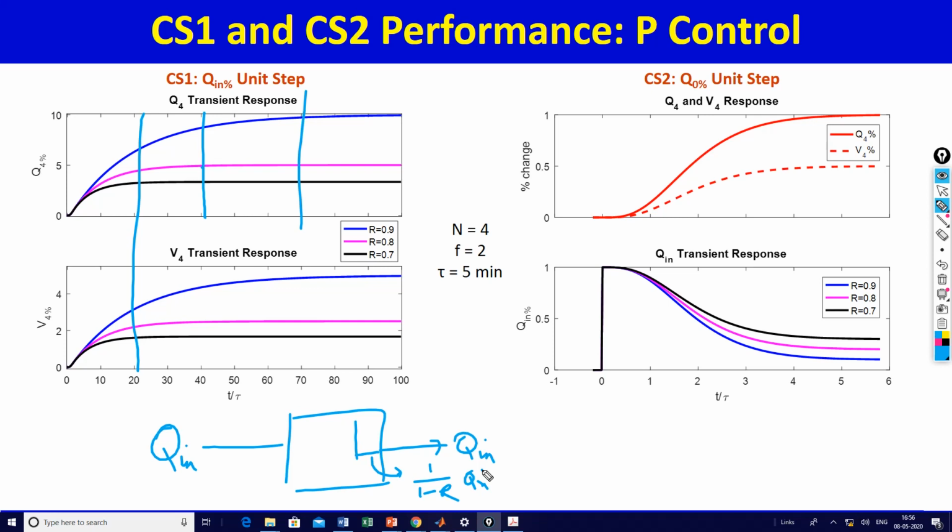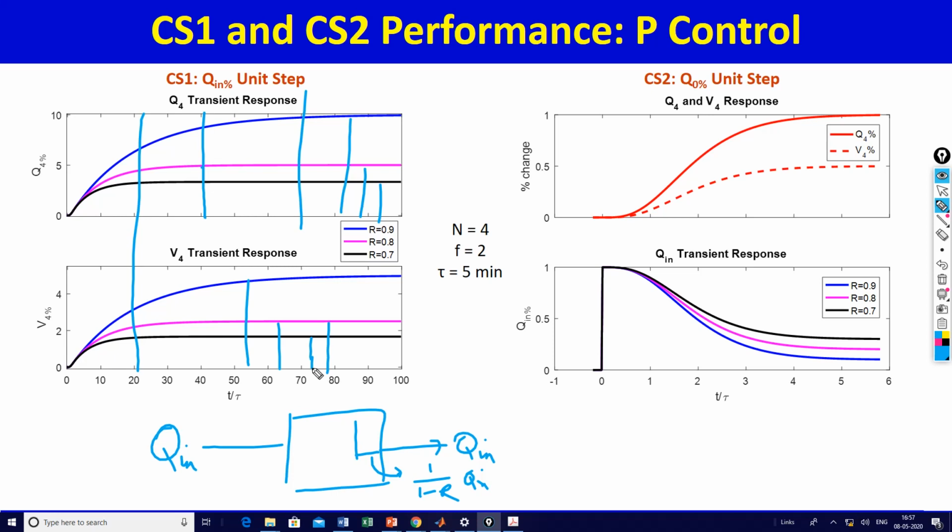It's going from 0 to 5 for the magenta curve, and that's essentially 1 divided by 1 minus 0.8, which is 1 by 0.2, which is 5. Similarly 1 by 0.3 is 3.33. So this is 10, this is 5, this is 3.33. And similarly the offsets are also in a similar manner, because the flow change is larger, so the offsets are also larger than with P control.